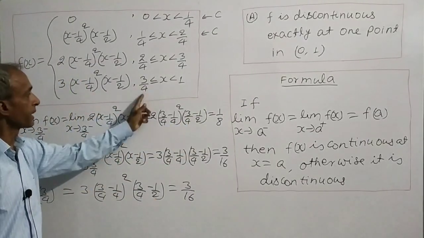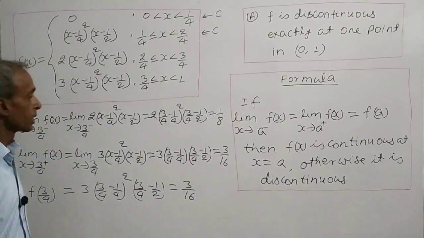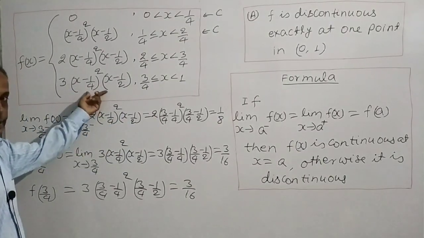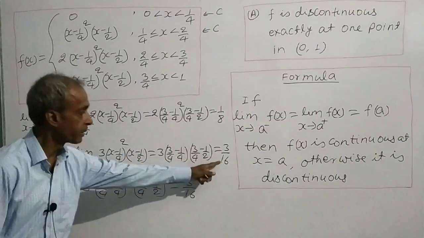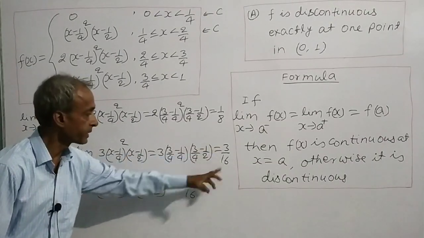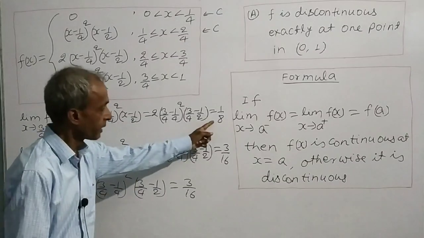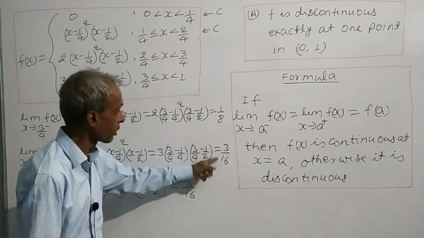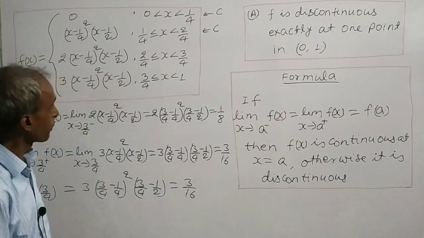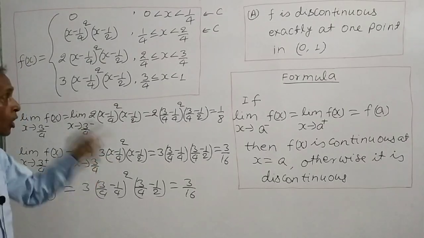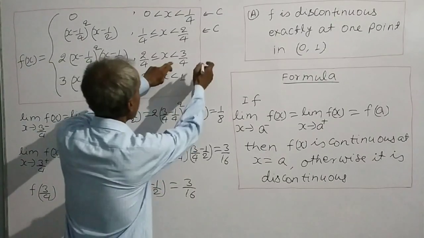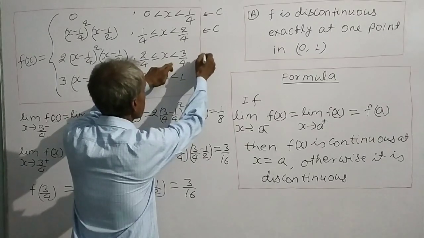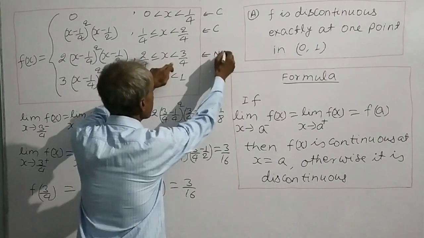When x is greater than 3 by 4, f(x) is this, therefore the right hand limit is 3 by 16. Since these two are not equal, f(x) is not continuous, which means discontinuous at x equal to 3 by 4.